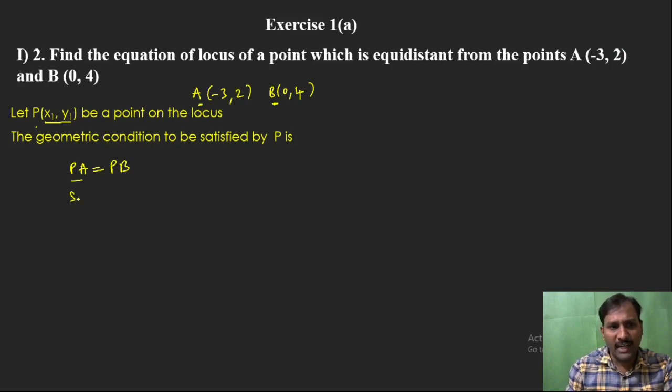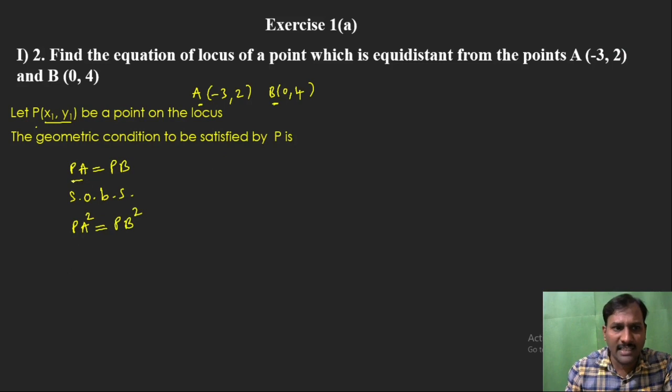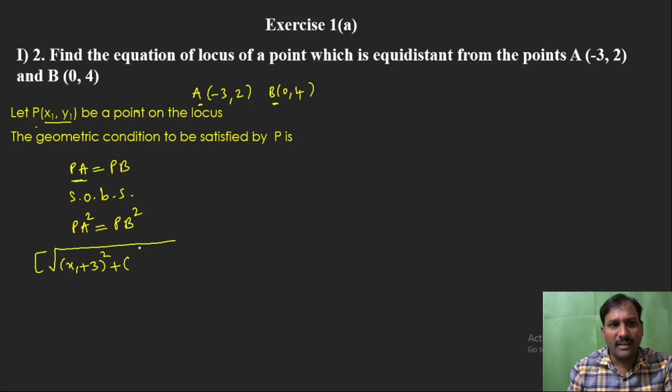So if you square on both sides, you will get PA square is equal to PB square. So on squaring this, you will get rid of the square root in the formula. What is the distance between P and A here? Generally it is square root of (x1 - (-3)), that is (x1 + 3) whole square plus (y1 - 2) whole square under root.